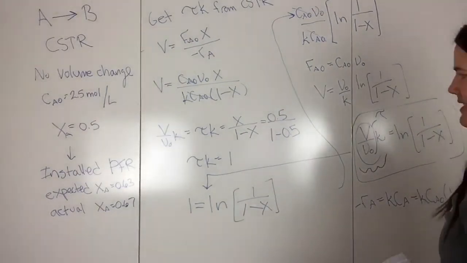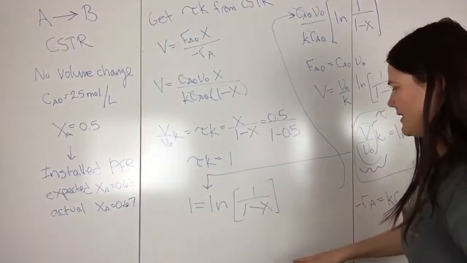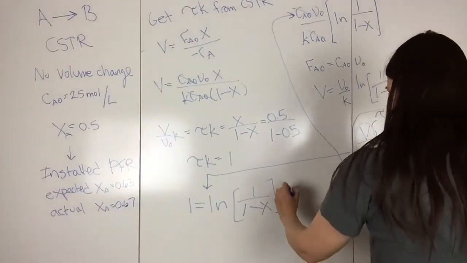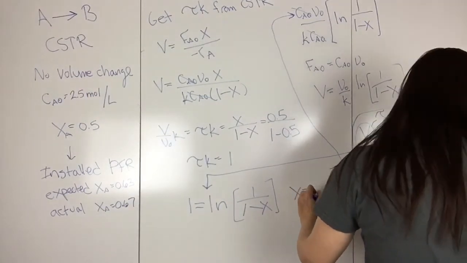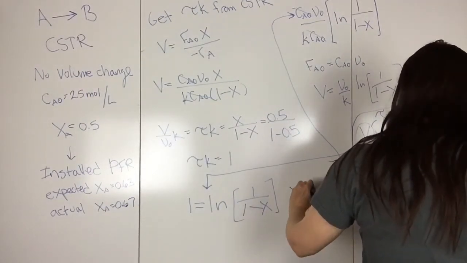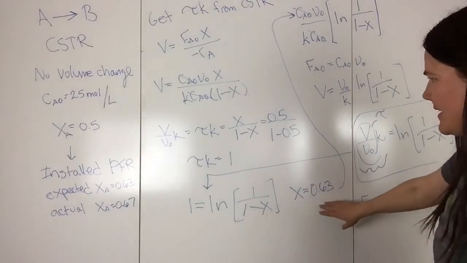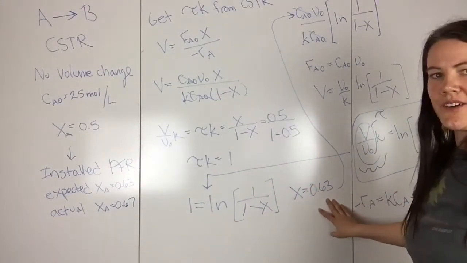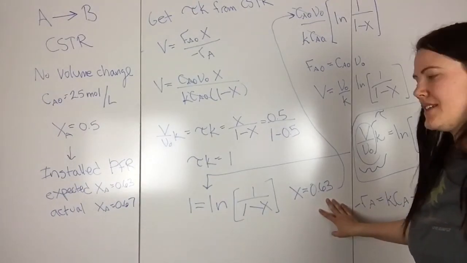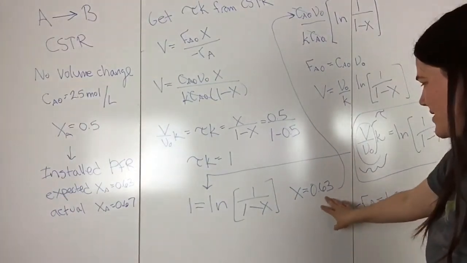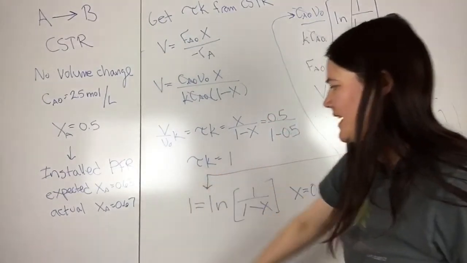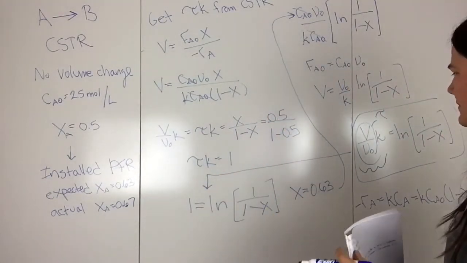In this case we're solving for x, and we should be able to do that. Solving that, we get that x is 0.63. So this is the calculation that the engineer did originally, because this is what they expected to get, but they actually got 0.67.